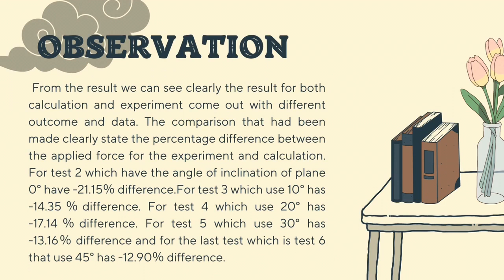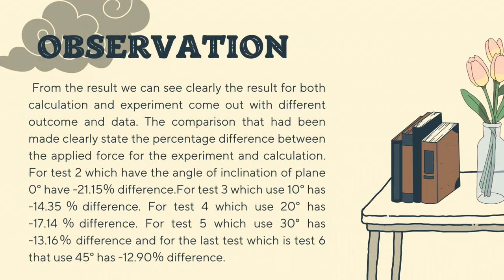As for observation, from the result we can see clearly that the results for both calculation and experiment came out with different outcomes and data. The comparison clearly states the percentage difference between the applied force for the experiment and calculation. Test 2, with an angle of inclination of 0 degrees, has negative 21.15% difference.